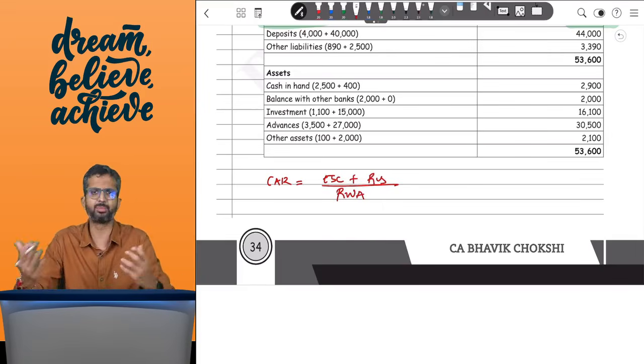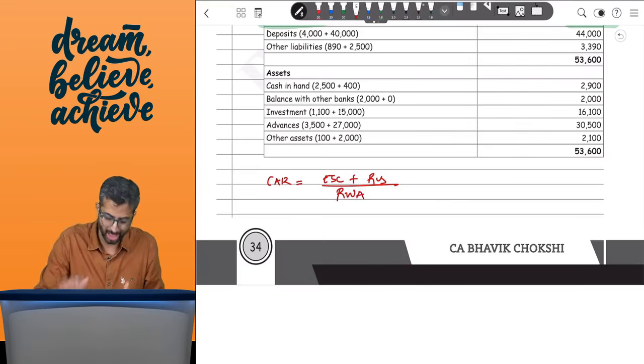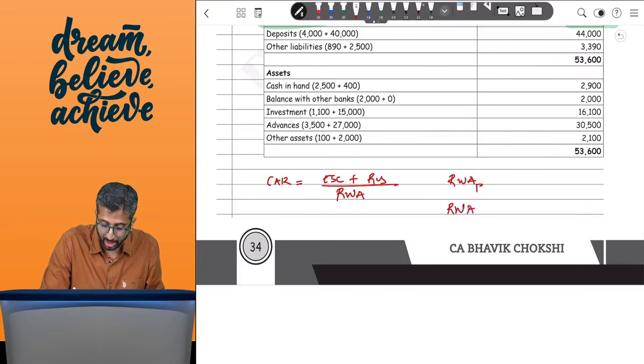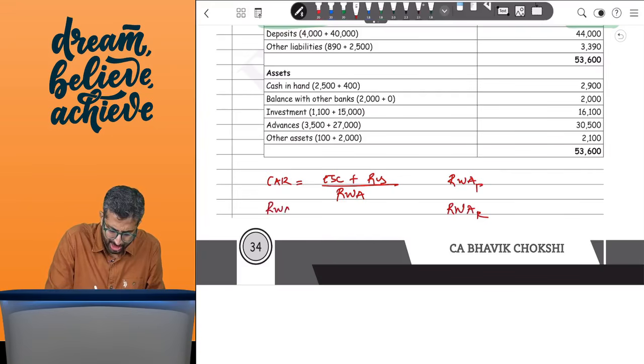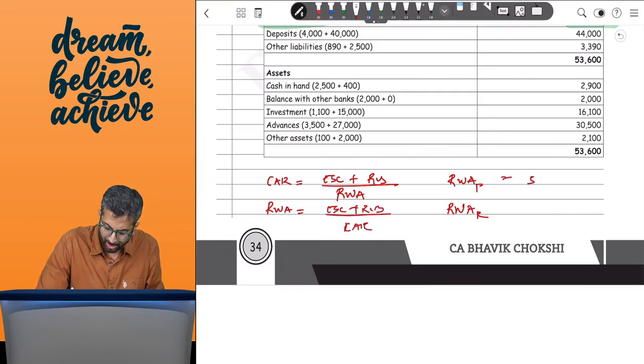Risk weighted assets are based on weights given by the RBI. We don't have this. However, we can find risk weighted assets separately for P and risk weighted assets separately for R. How will we find this? Well, we will rearrange. We will say risk weighted assets equals your equity share capital plus reserves divided by the capital adequacy ratio. Like for P, your share capital was 500, reserves were 5,500, divided by the capital adequacy ratio of 0.16.